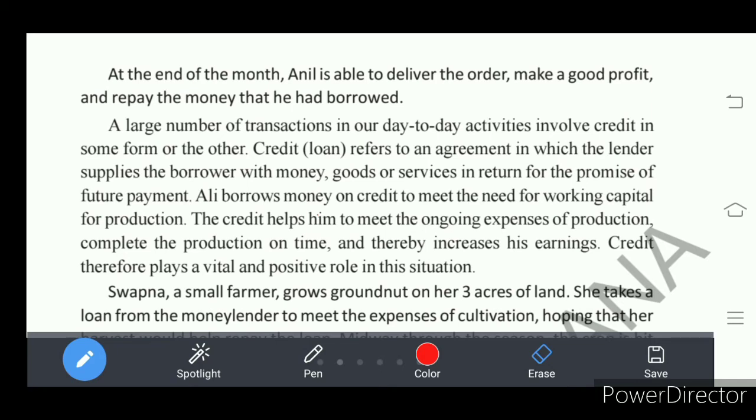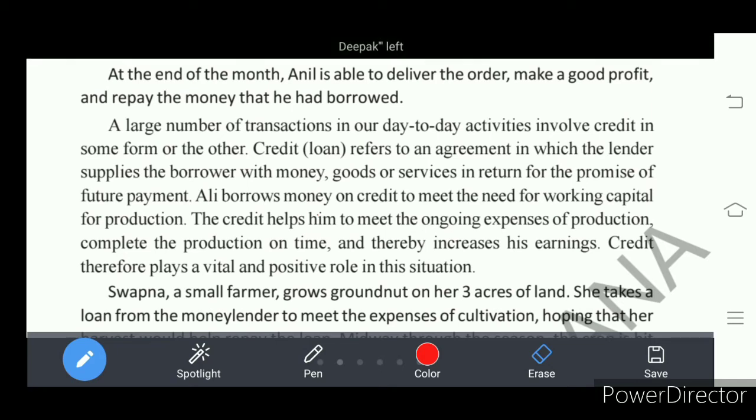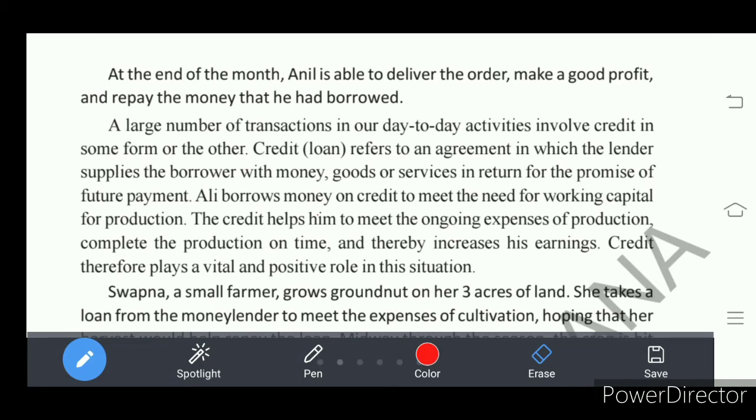So the credit helped Anil to meet ongoing expenses of production and complete the production in time, and thereby he got his profit. So credit plays a very important and positive role in this situation. Here we see that Anil has succeeded in getting profit. That means he earned his income.